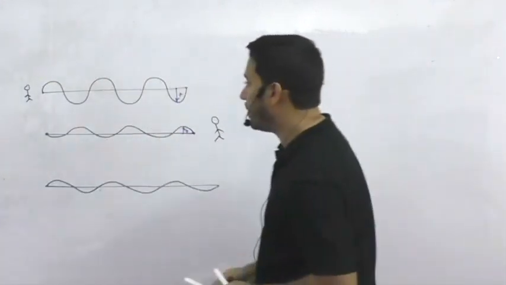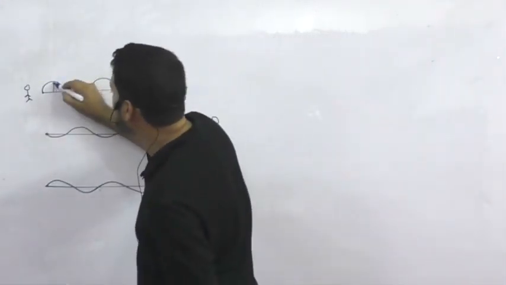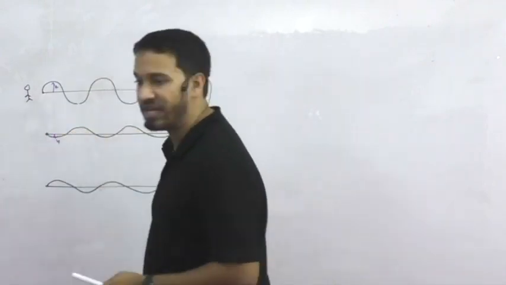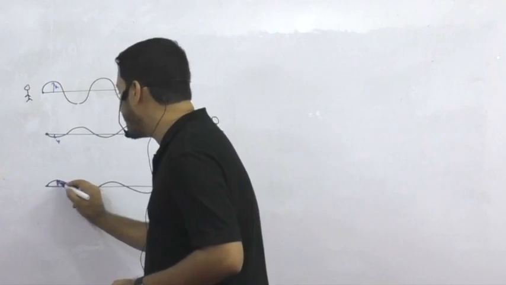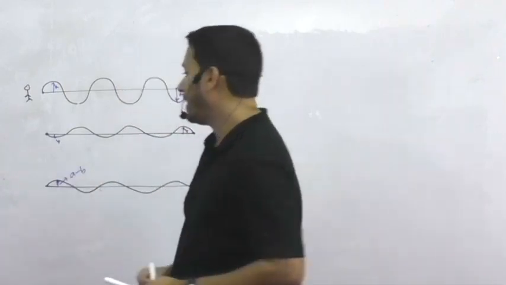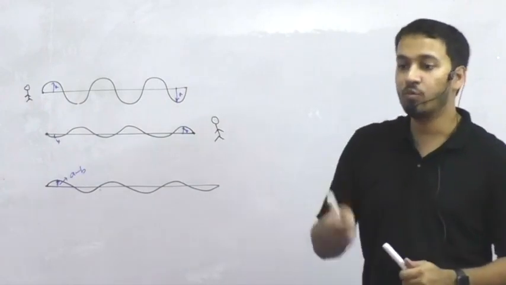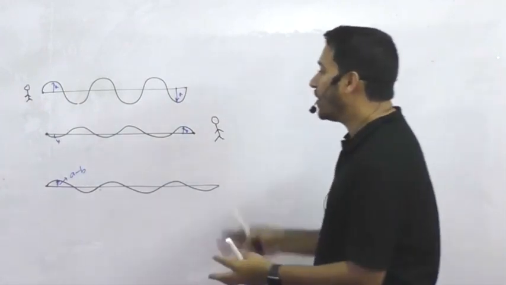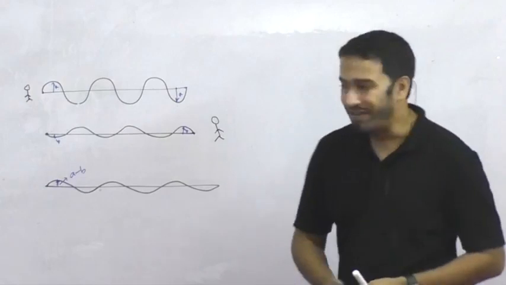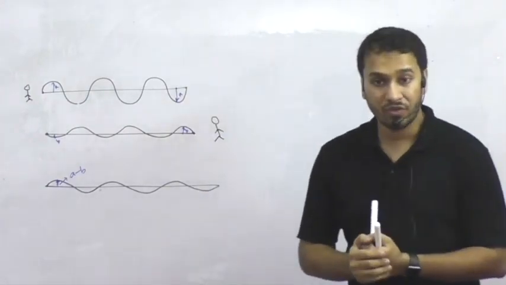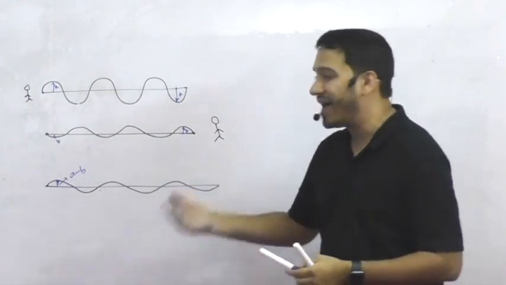This wave was trying to take the particle up by A, and the other wave was trying to bring it down by B. So effectively how much will remain? A minus B. Now it will move up by A minus B. This is what we call destructive interference. And when amplitude decreases, this results in a loss of energy, right? So the energy of the wave has decreased.